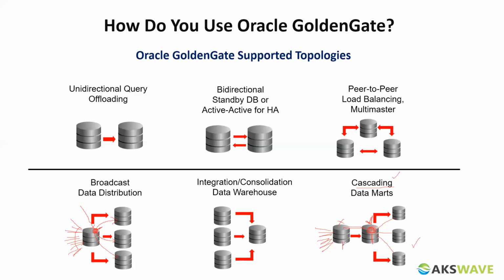Replication does not happen directly from the production server, because I don't want any load on it. This way you can cut down the total load on production. This concept is called a cascading environment. These are the different topologies used in GoldenGate for doing replication.